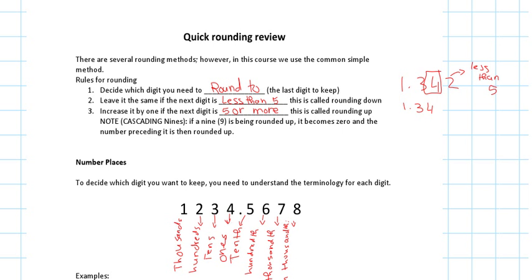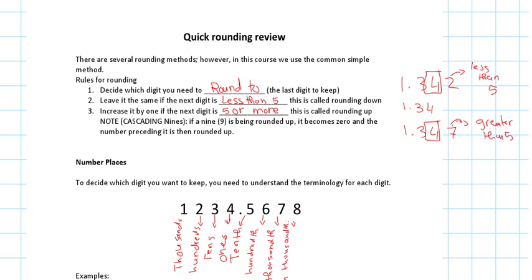I'm going to give you another example. If I have 1.347, again I want to round to the second decimal place. Because the 7 is greater than 5, I have to round the 4 up to get 1.35.